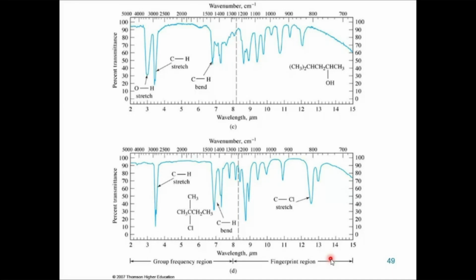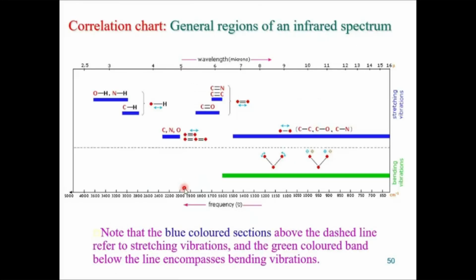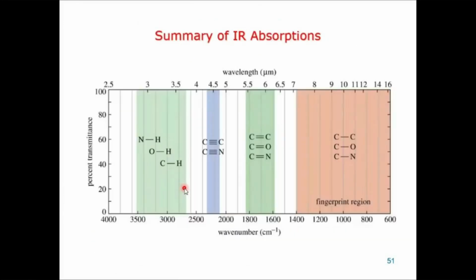The spectra you can always divide into two halves. On the right hand side you have the fingerprint region, and on the left hand side you have group frequencies. Different functional groups and corresponding frequencies.